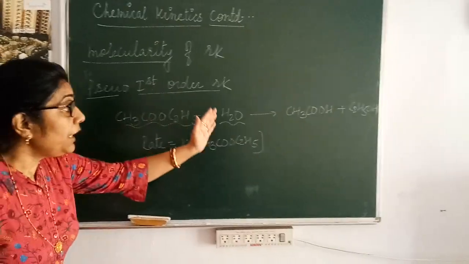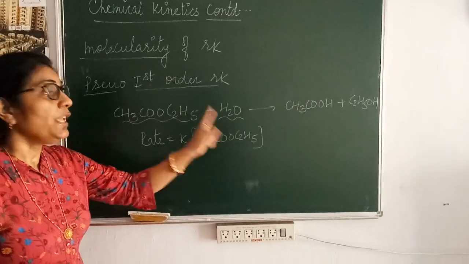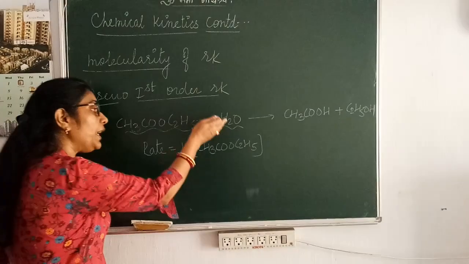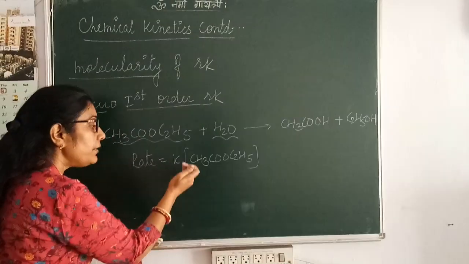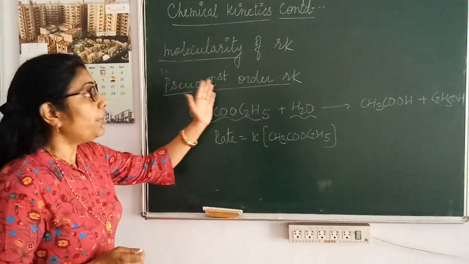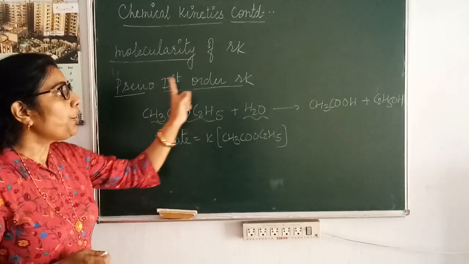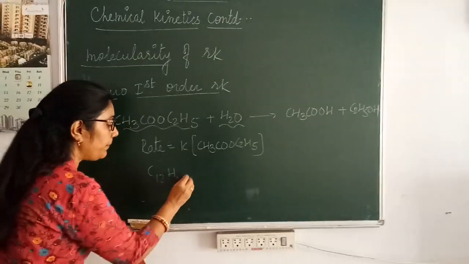Why is rate independent of the concentration of water? Because water is present in large excess. So rate is independent of water, and even if molecularity is 2, the reaction proceeds as a first order reaction, and such reactions are known as pseudo first order reactions. Similarly, you see one more example.